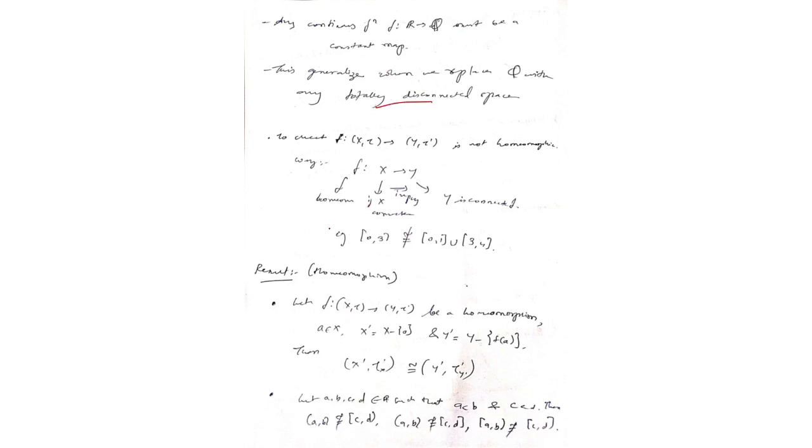Fine. Then you saw how to check that a particular space is not homeomorphic, and there were also some examples related to homeomorphism. So these were all about the lectures that we have gone through. I hope it is clear to everyone.